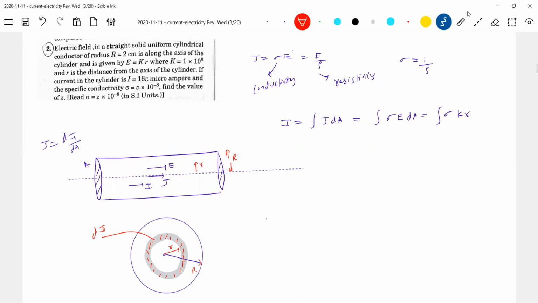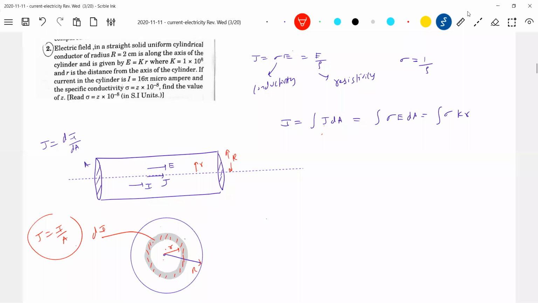How much current will flow in radius 0 to capital R is what this is. Now you can question, sir, why. Look at this J now. E is different, so what do we expect? J is also different. If J is uniform everywhere, then we write J equal to I by A. I think you already know this from magnetism.